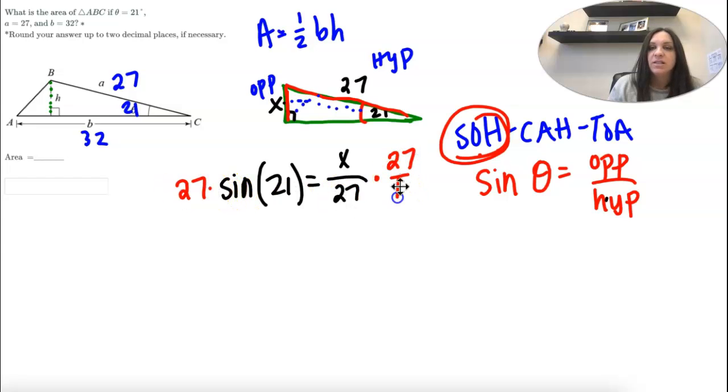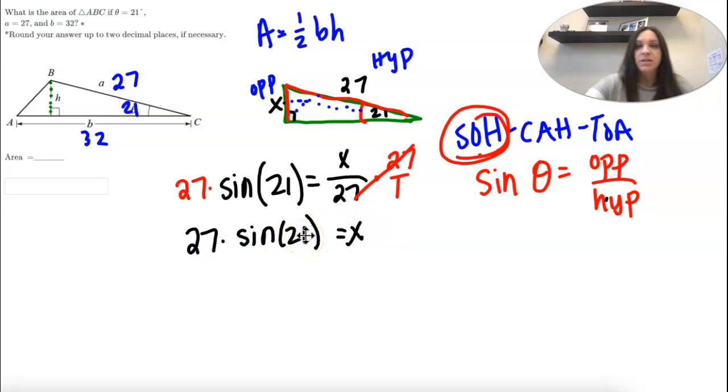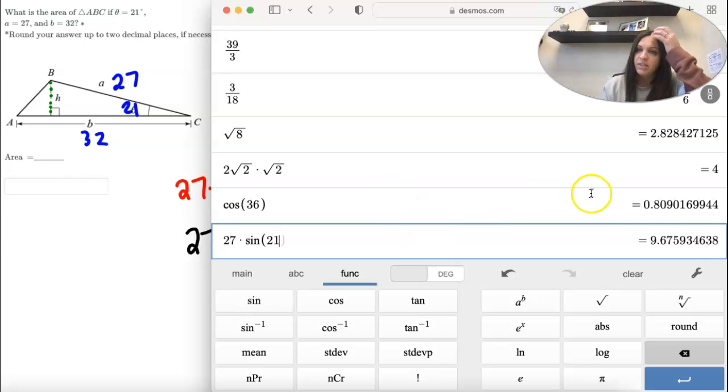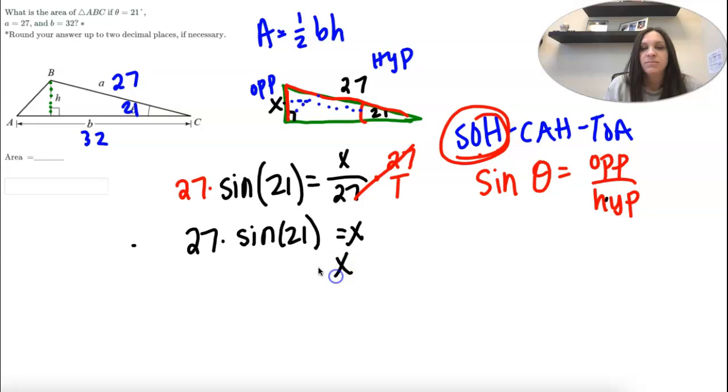What that does is it creates x over 1, or just x, and 27 times sine of 21 is equal to x. So let's find out what that is. 27 times sine of 21 is 9.68 rounded. Guess what? That's our height. That's our x value.